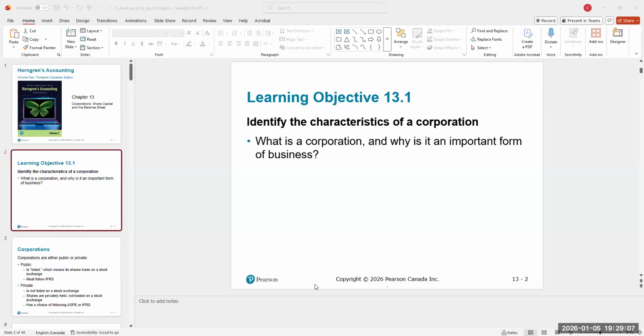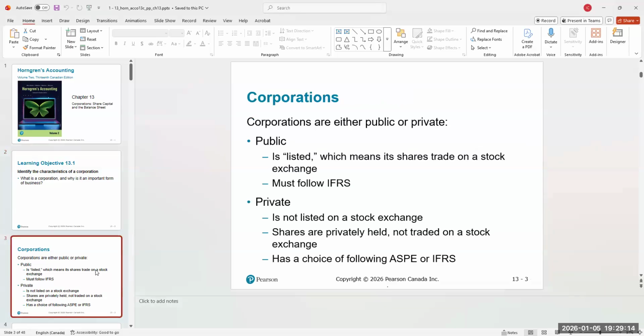Let's go back to the slides and start now with the first objective today, which is to identify the characteristics of the corporation. What kind of corporations do we have? As forms of business organization, we already saw we have a proprietorship, a partnership, and a corporation.